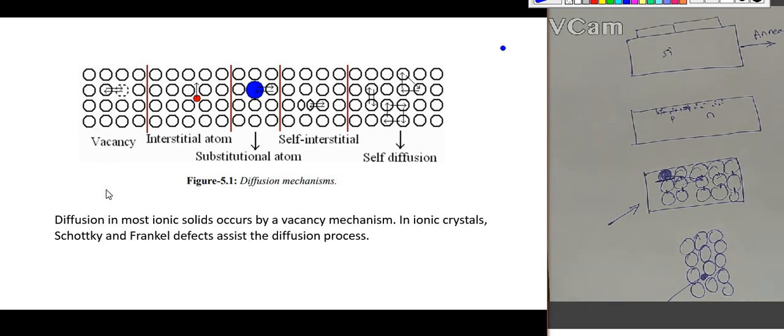And diffusion in ionic solids occurs by the vacancy mechanism. In ionic crystals, we already discussed that Schottky and Frenkel defects assist the diffusion process. We already discussed these two defects in the last lectures.